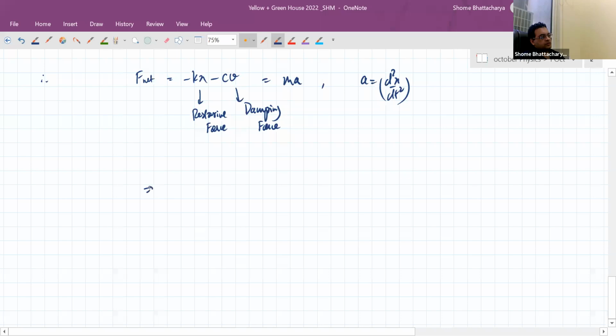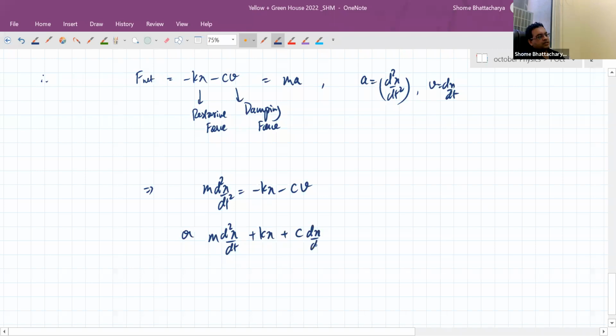So we have the equation m d2x by dt square is equal to minus kx minus cv. And of course, v is itself dx by dt. So we can also write it as m d2x by dt square plus kx plus c into dx by dt is equal to 0, by bringing all the terms to one side.